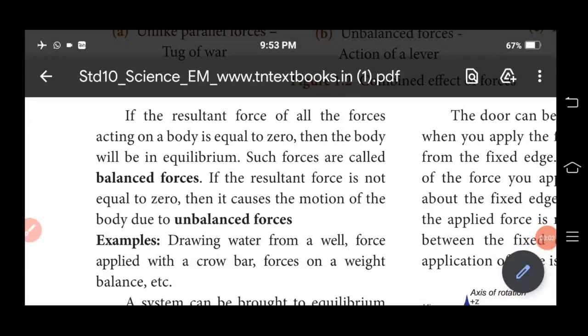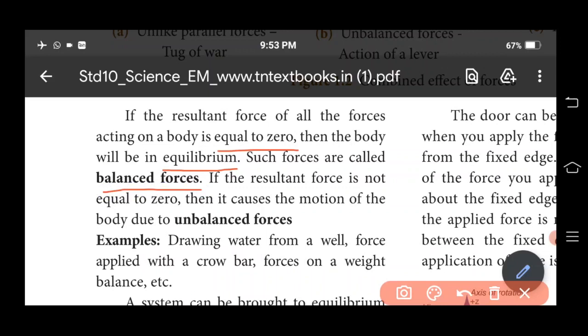If the resultant force of all the forces acting on a body is equal to 0, then the body will be in equilibrium. Such forces are called balanced force.